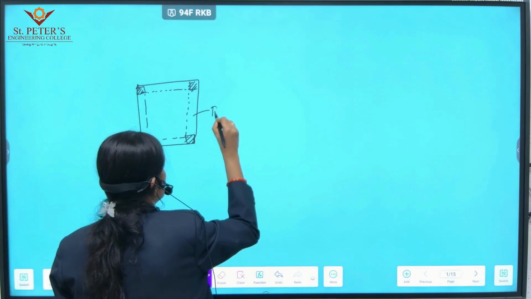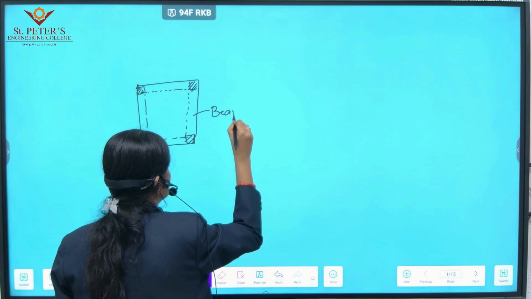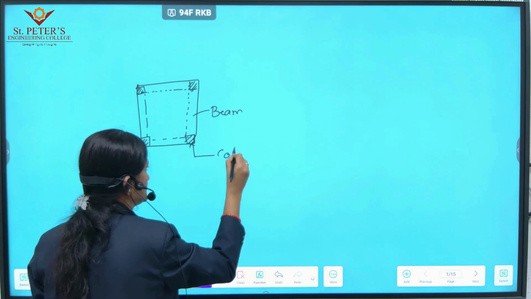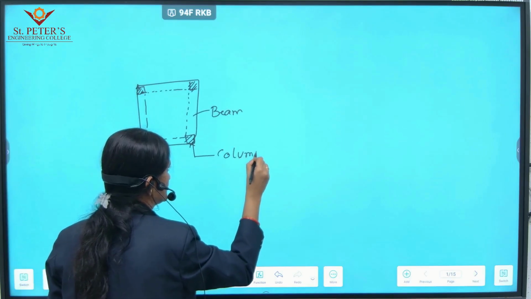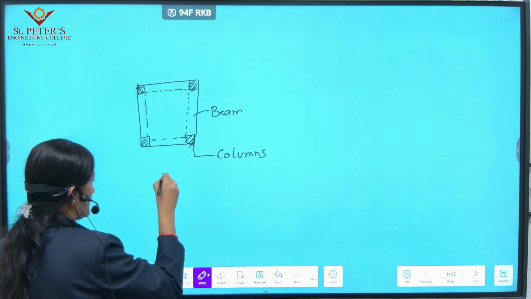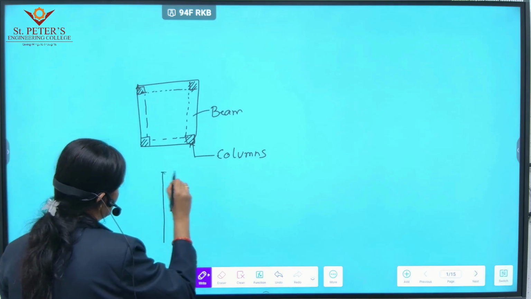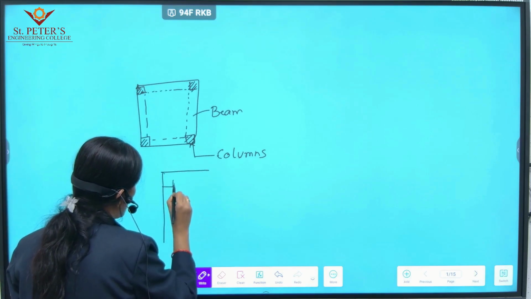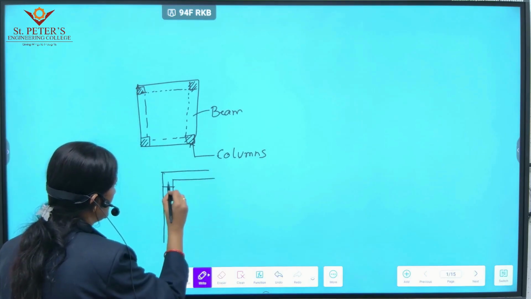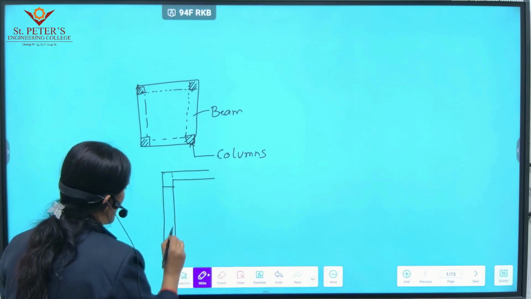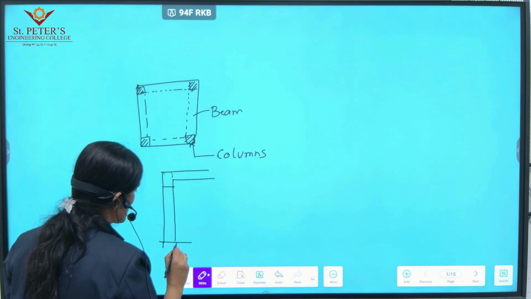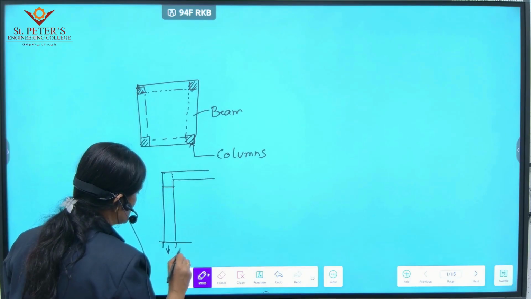This is the beam, and these are columns. A beam is constructed to carry the load falling on it and transfer it to the column, which in turn transfers it to the soil.